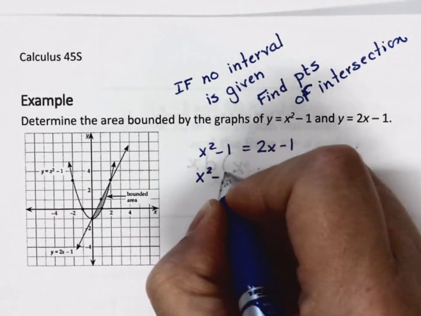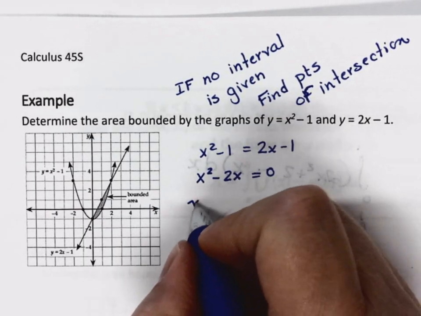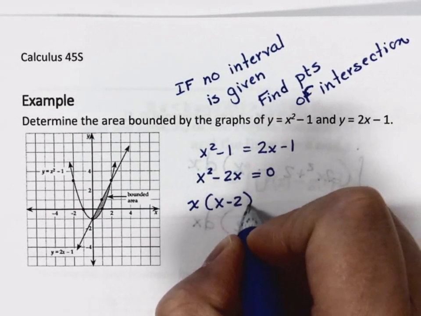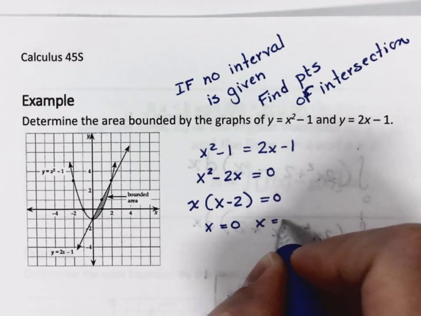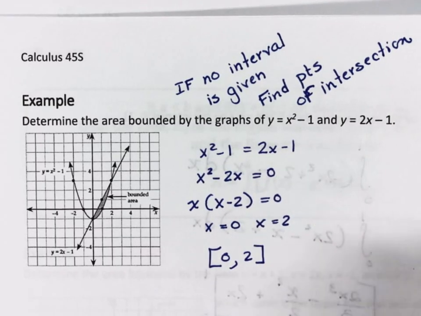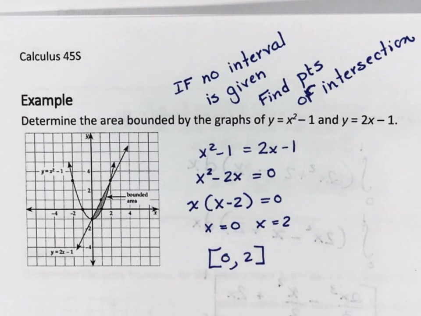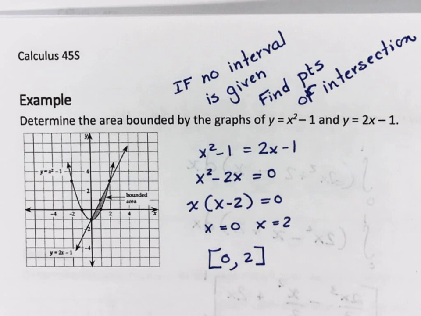So it's going to be x squared minus 2x equals 0. So our interval is 0 to 2, which was indicated on the graph. You could have easily picked it off the graph if you wanted to. This is how you would do it, just solve the system.